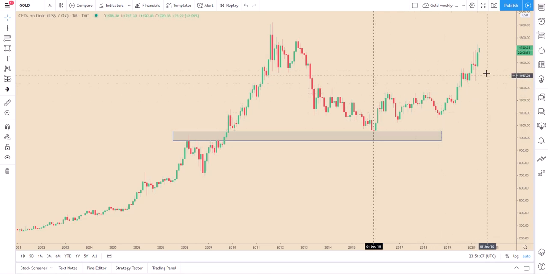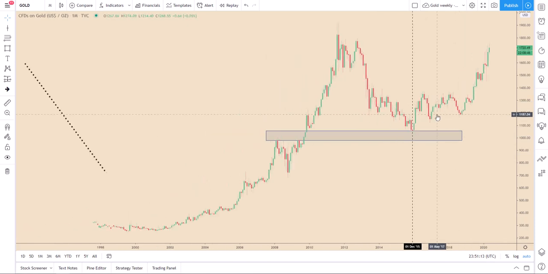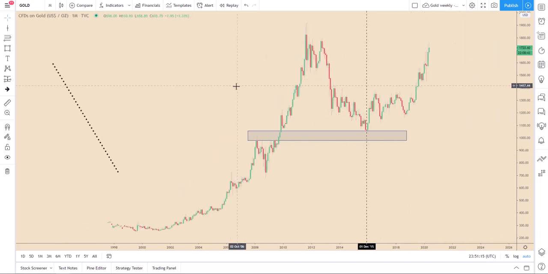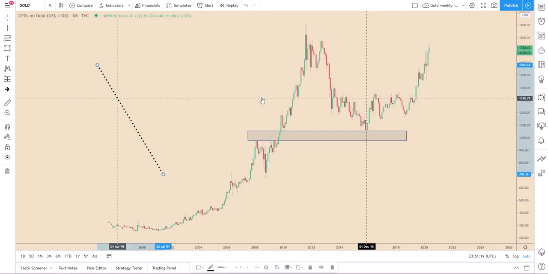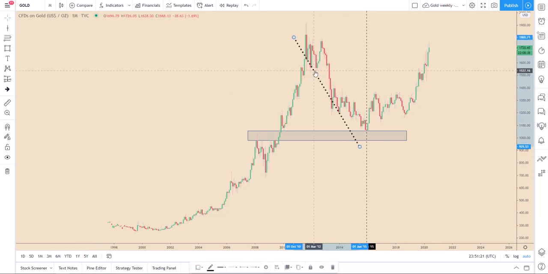Gold on the right side over here is clearly acting in a different manner. I want to make sure that we're all on the same page. That's the big price movement that caught my eye.